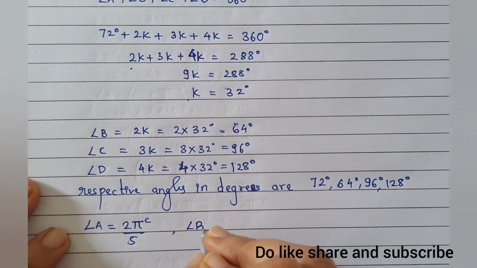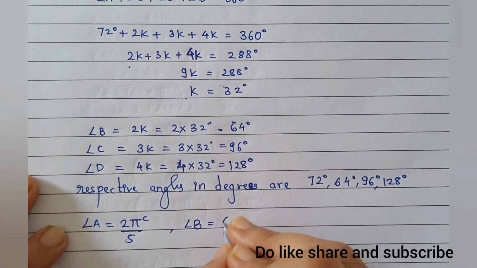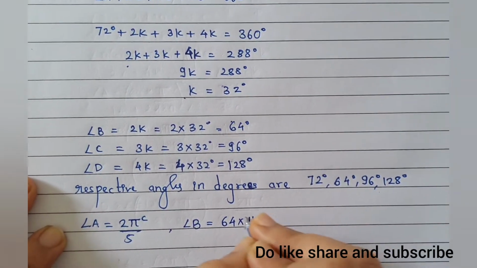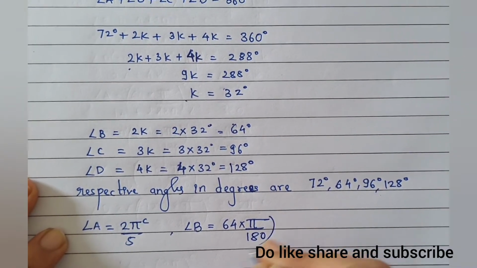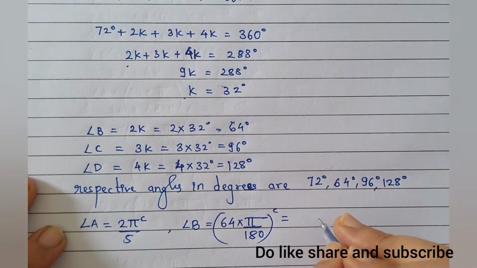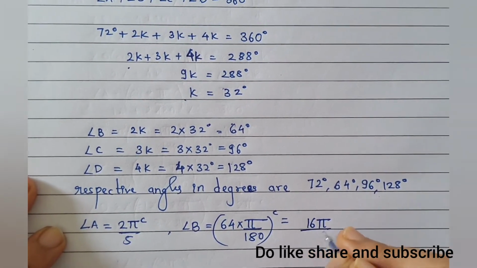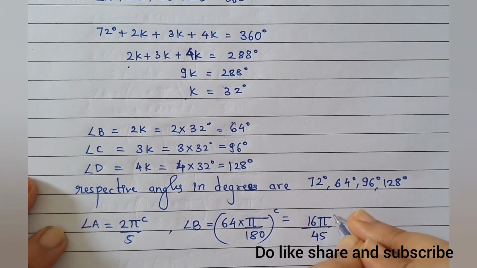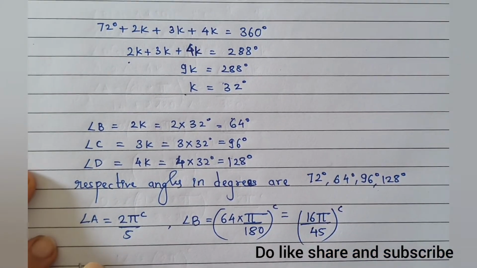For angle B, that is equal to 64 into pi by 180 radian, that is equal to 16 pi by 45 radian.